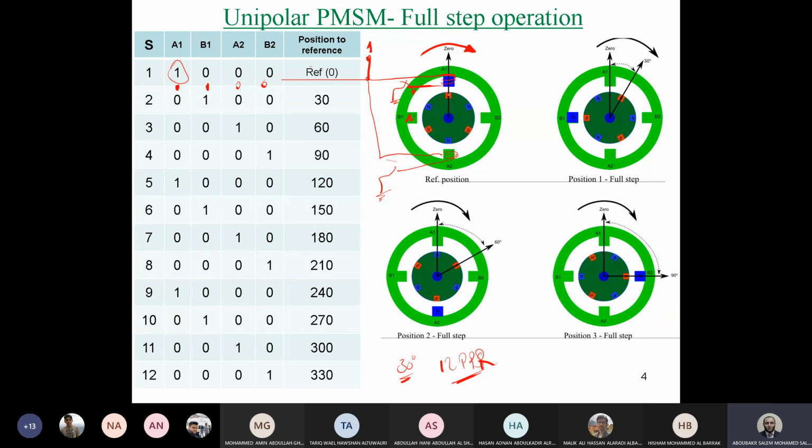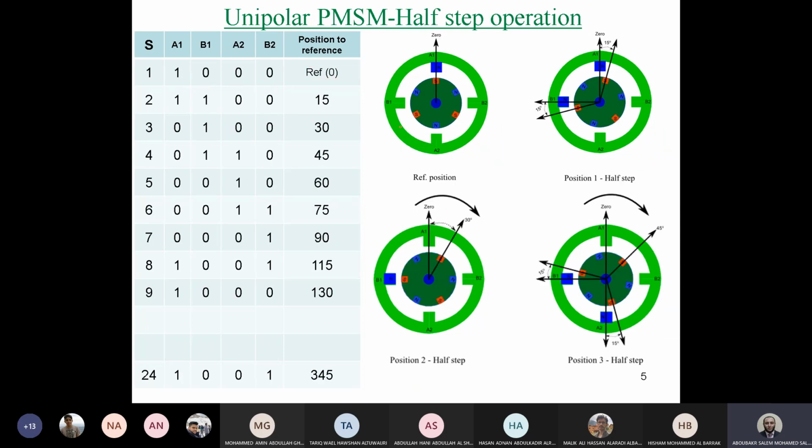Here the angle between the two successive S poles is 120 degrees, and between the two N poles in the stator the angle is 90 degrees. So the rotor can go in the middle, and in this case the S pole will be only 15 degrees shifted from A1, and this S will be shifted from B1 by another 15 degrees. So why not? It's possible, guys, right? So this is now the configuration for half step.